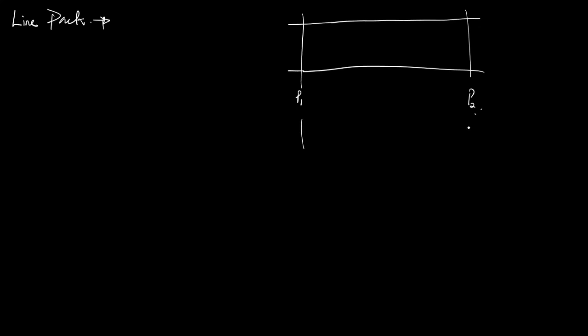The distance from here to here is given as L. Now the internal diameter of the pipe, D. Now we have known the internal diameter of the pipe.